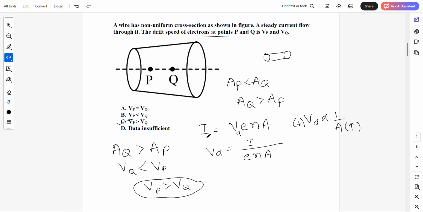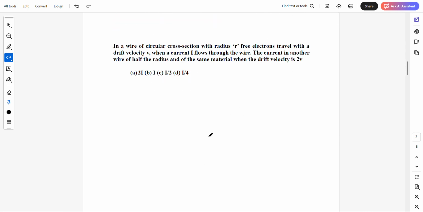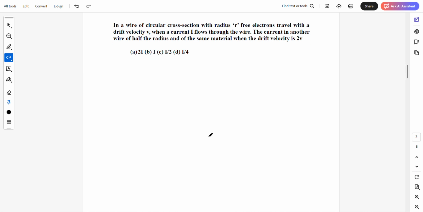Next problem. In a wire of circular cross section with radius R, free electrons travel with a drift velocity v when a current I flows through the wire. The current in another wire of half the radius. Now we know the relationship between current and drift speed, I is equal to n e A v_d, where v_d is the drift speed.